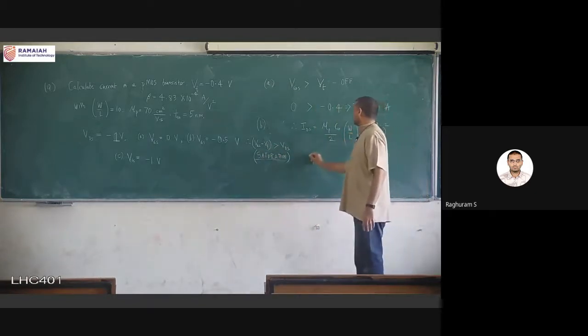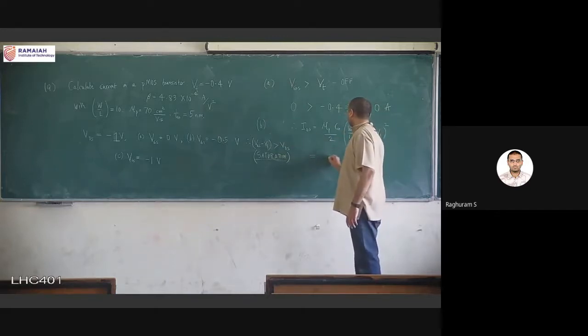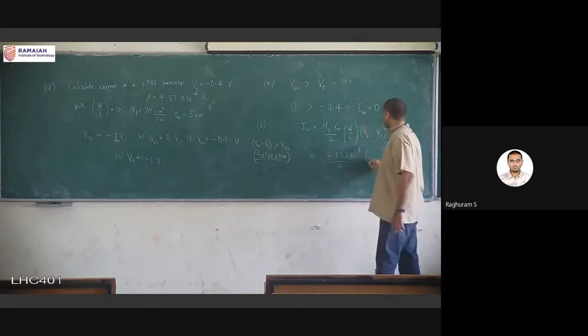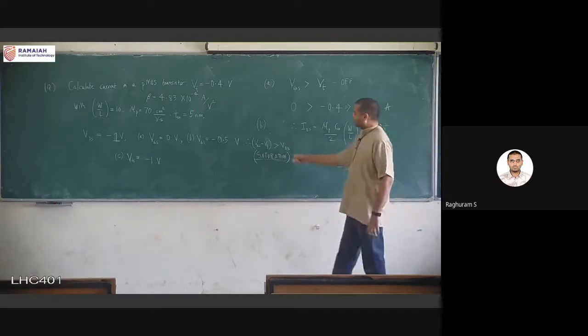So saturation current equation is equal to, we will reuse our beta, 4.83 into 10 power minus 4 divided by 2 into VGS minus VT the whole square. So VGS minus VT the whole squared is here.